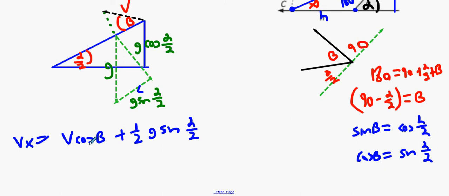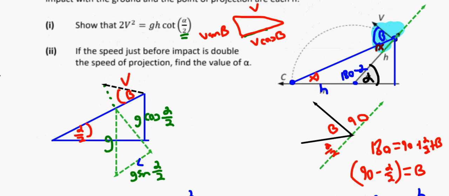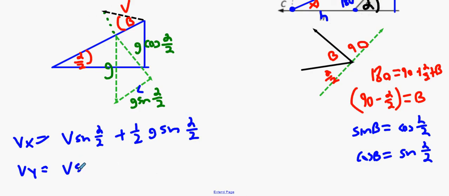Now V cos B, as we discussed earlier, is actually V sine alpha over 2. Which is handy. Now, Vy, which is V sine B, and as discussed earlier, sine B is the same as cos alpha over 2.